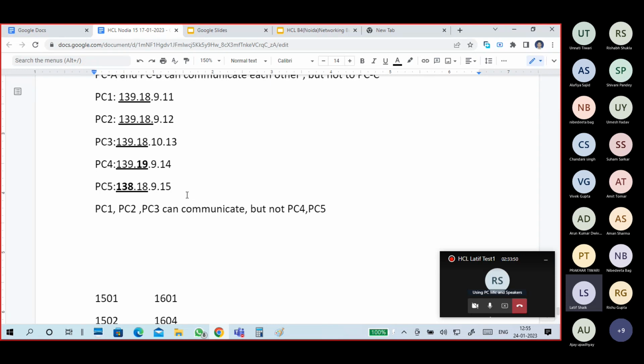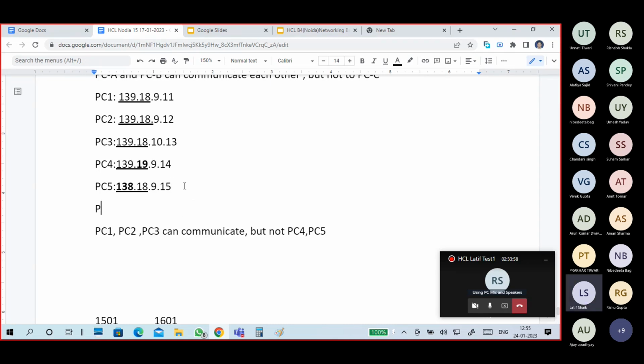Because the network portion is different. And I'm going to add one more, PC6. I configure it very neatly with 18.9.11.12. So 11 or 12, whatever it is, 11, this is also good. The network portion is the same.